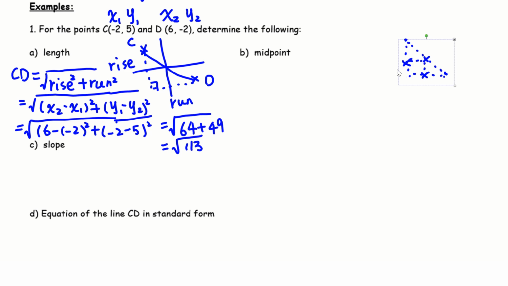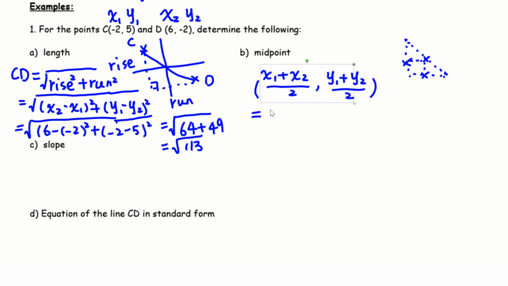Average of y, average of x. So the formula is x1 plus x2, the average of the x coordinates, and the average of the y coordinates, added together divided by 2.